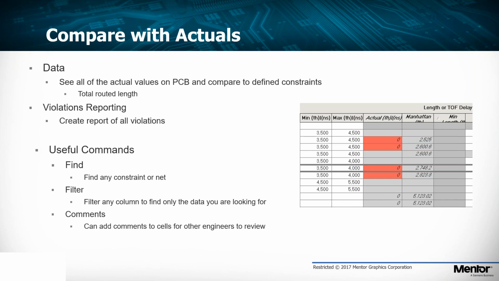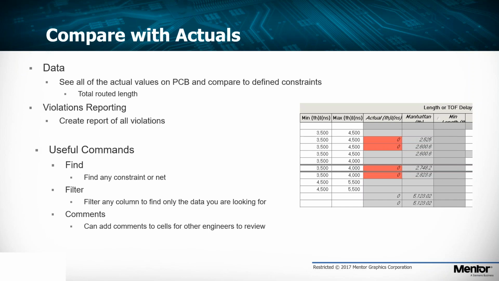Like you'll see in that screenshot, that was a 0, so we haven't met that requirement yet of 3,500 to 4,500 mils of length for those nets. After we compare all of those actuals in the Constraint Manager, we can create a report of all the violations and ship that off over to the PCB designer just to understand why we're not meeting some of our design requirements.